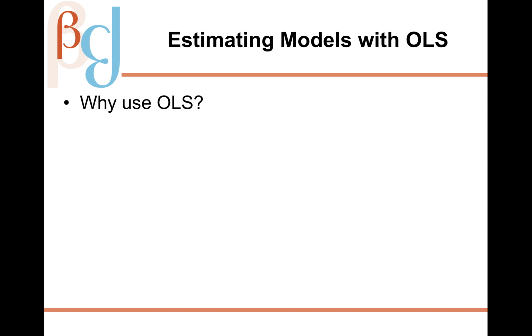Why are we going to use OLS? For many reasons. One, it is easy to use, and practically in every software that deals with statistics or econometrics, OLS is a click of a button away.